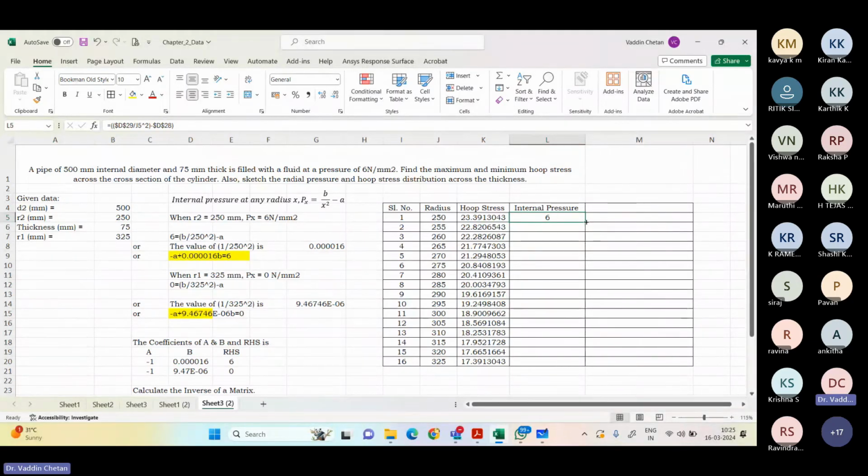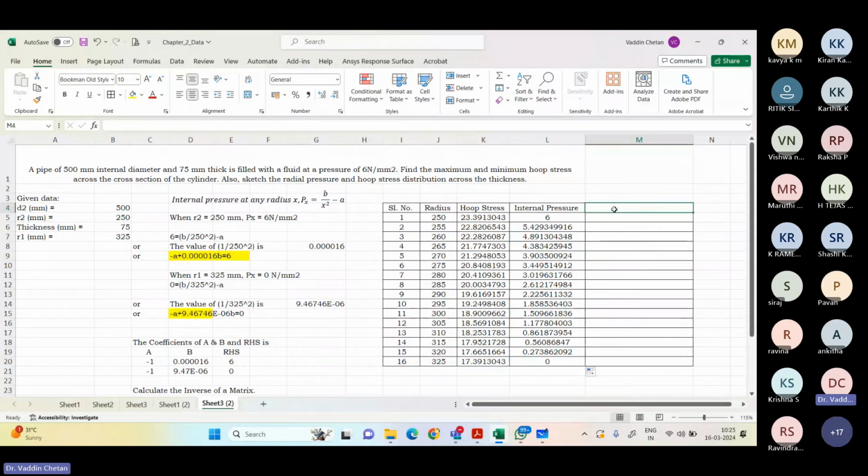Got the point? So when you double click on that, it is showing in the range of 6 to 0, because you are given one more boundary condition that at R1 equal to 325 mm, Px will be 0. Got it?